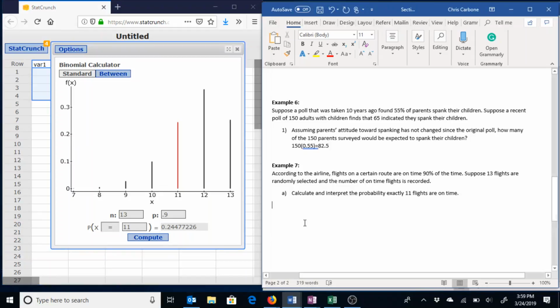That gave us a value of 0.2448, which we interpreted in class to be out of 100 flights, about 24 flights are on time.